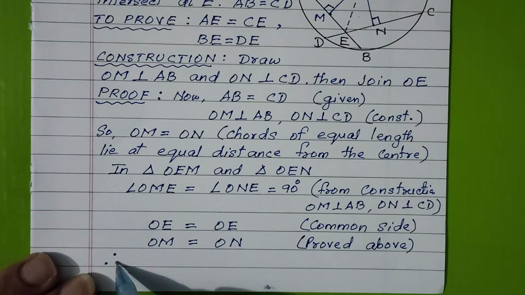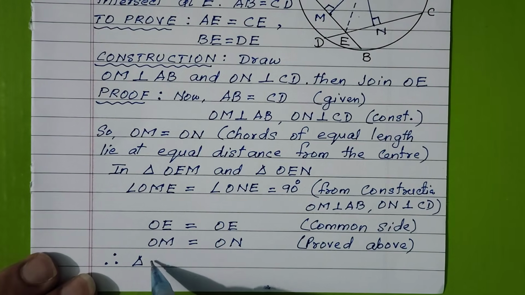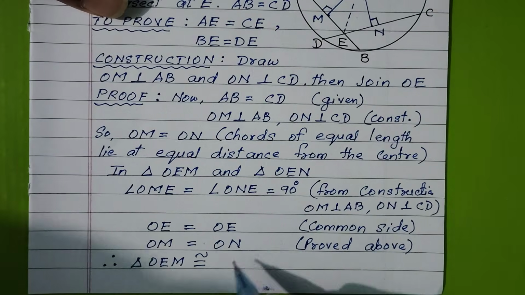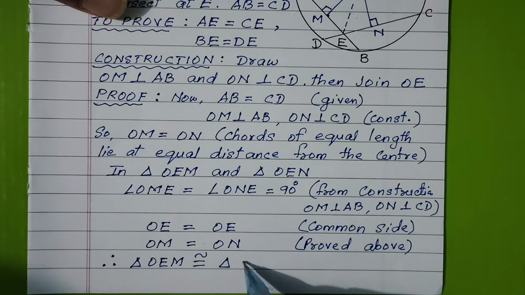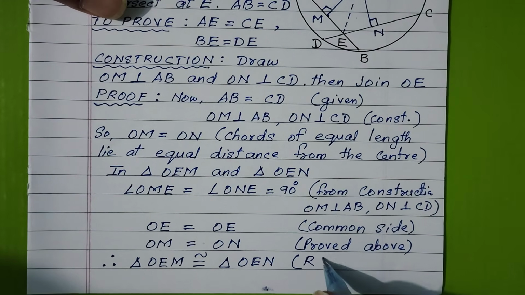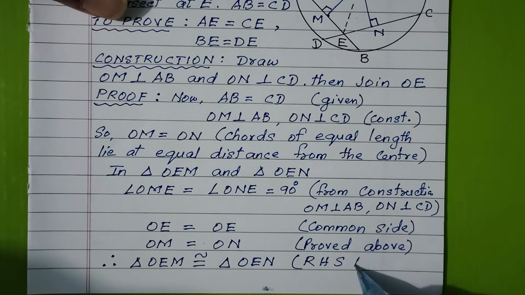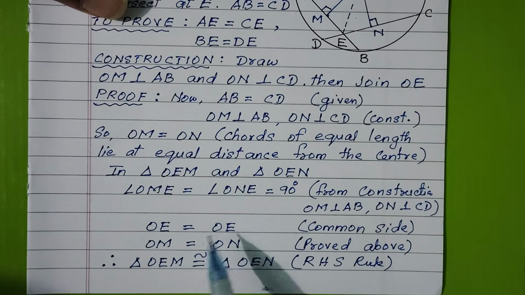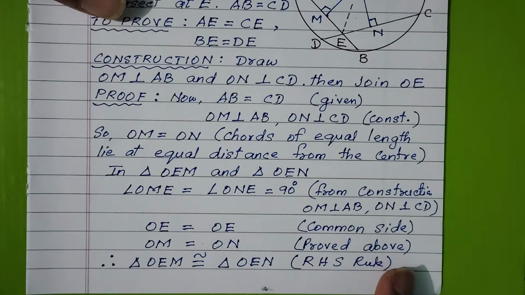Therefore, triangle OEM is congruent to triangle OEN according to RHS rule. RHS rule: right angle, hypotenuse and one side are equal. So they are congruent.